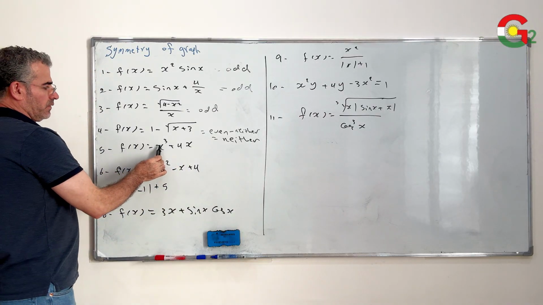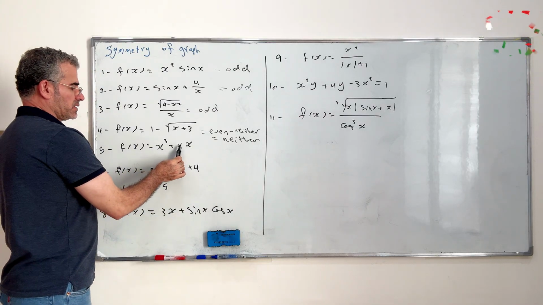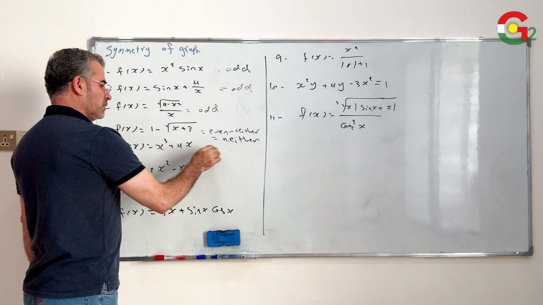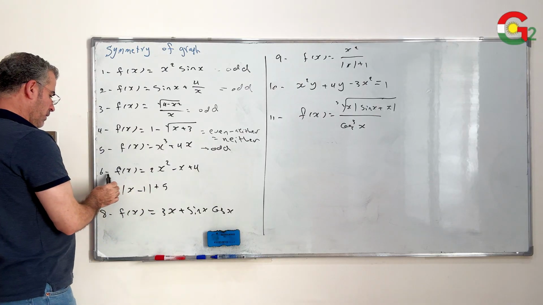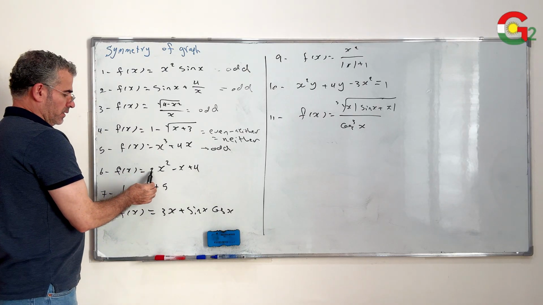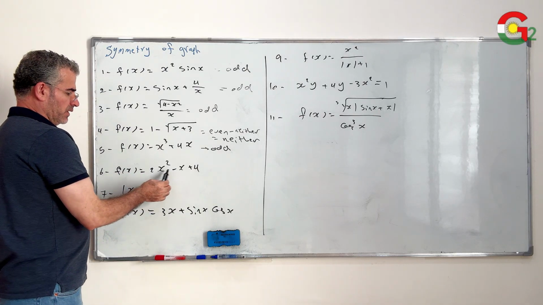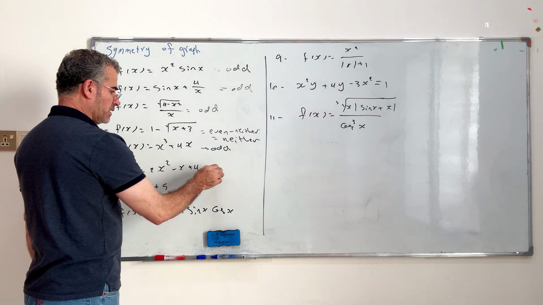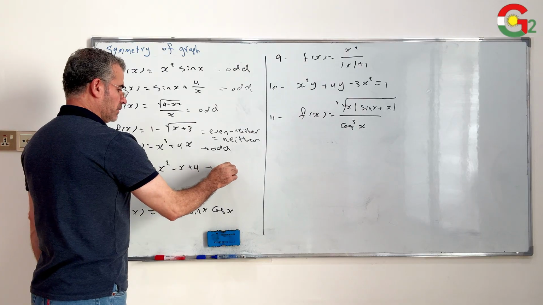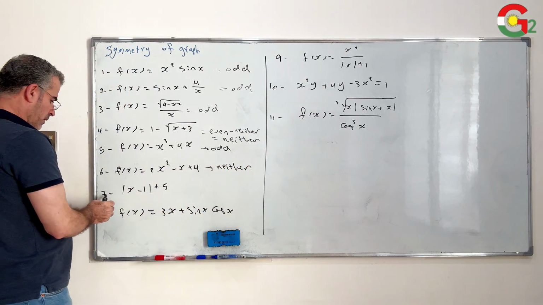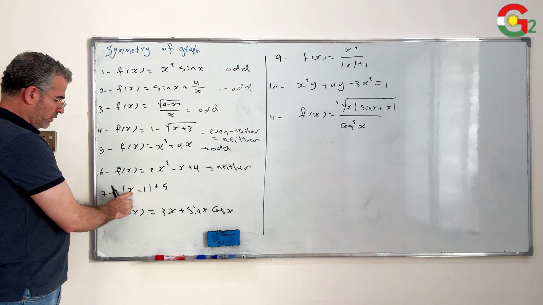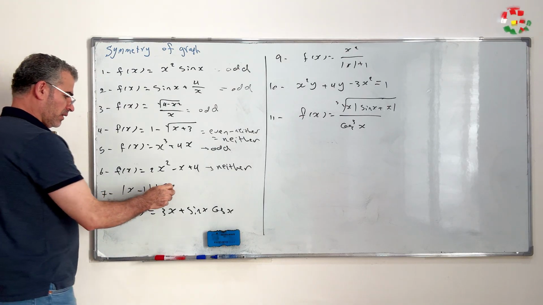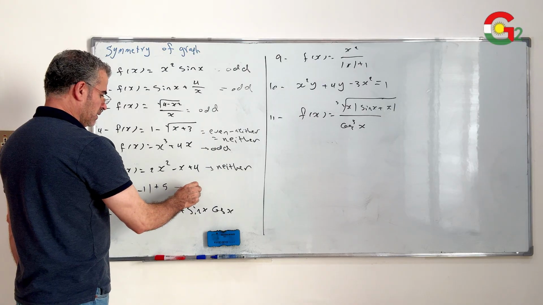Number 5: odd plus even times odd plus odd, it's odd. Number 6: even times even minus odd, neither, plus even, it is neither. Number 7: odd minus even, neither, absolute value neither, plus even, it is neither.